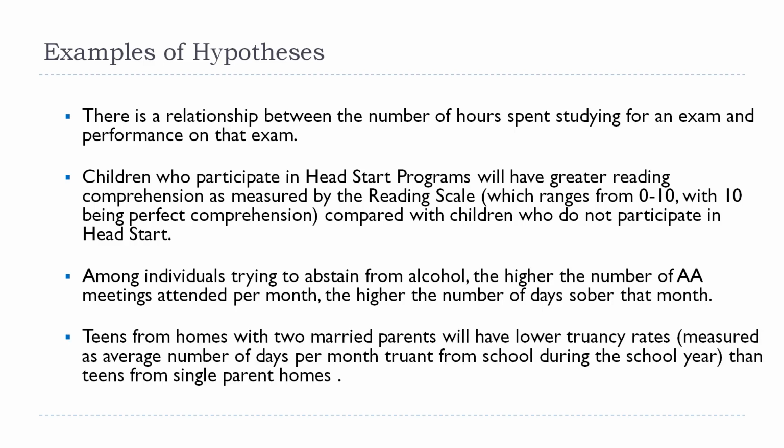Teens from homes with two married parents will have lower truancy rates, measured as average number of days per month truant from school during the school year, than teens from single parent homes. So let's break this down. We have marital status as our independent variable, and it has two categories, single or married.